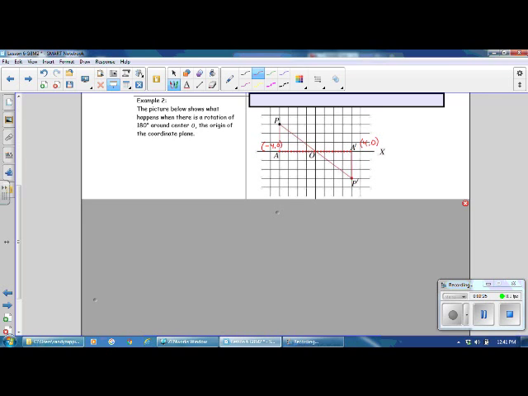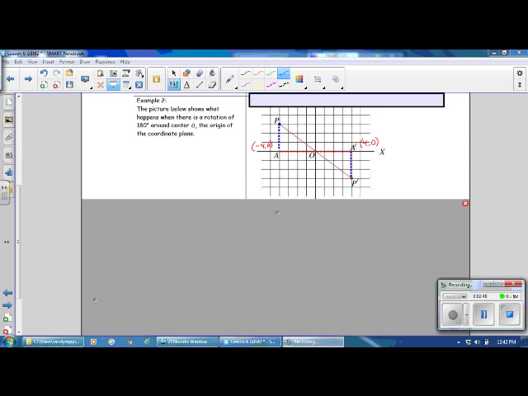The next thing that I would like to look at is P and P prime. The distance between P and A is 3 units. Then, when you rotate point P and you get P prime, the distance between A prime and P prime is also 3 units.